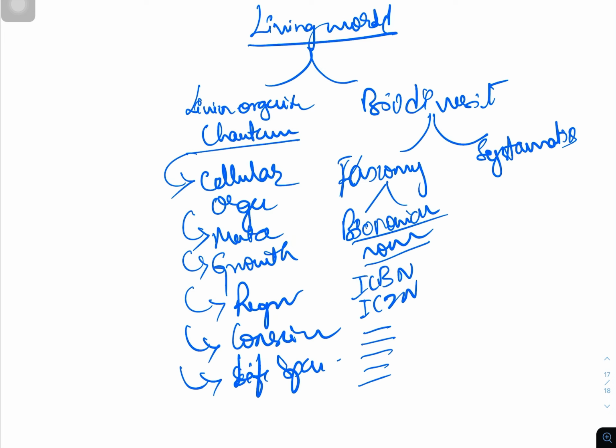To name an organism, these institutions have given a set of rules. After that, we go to systematics. Within systematics, there is taxonomical hierarchy, isn't it? And after studying taxonomical hierarchy, the last one is taxonomical aids.